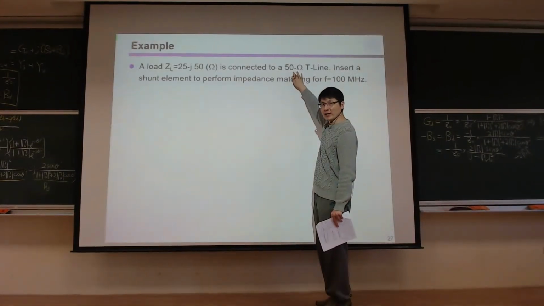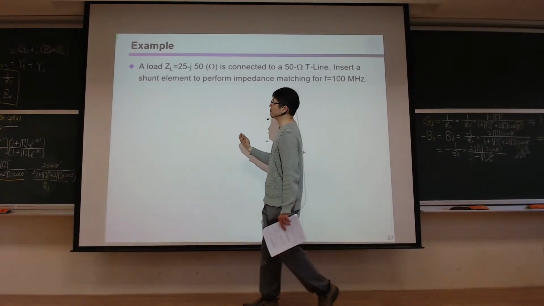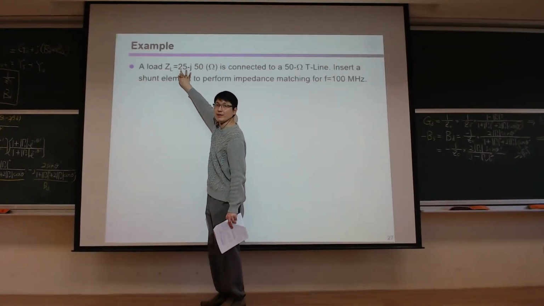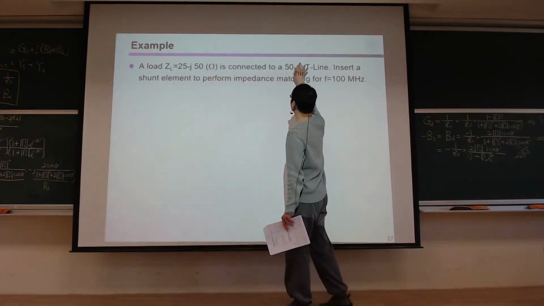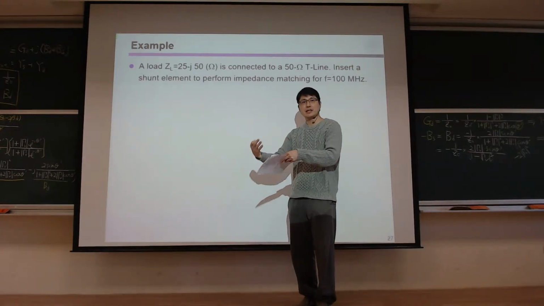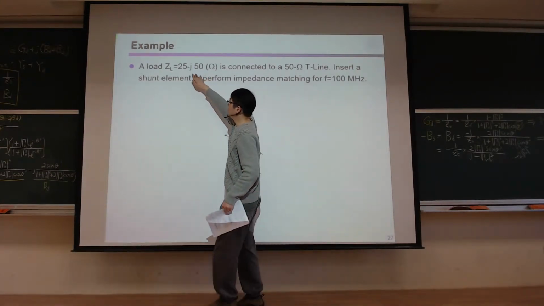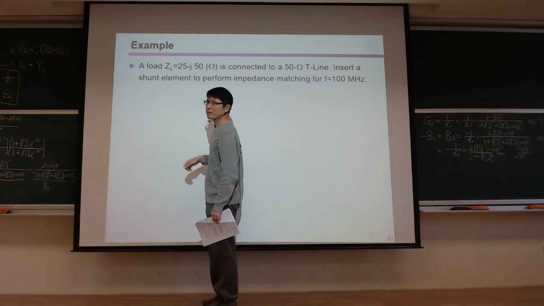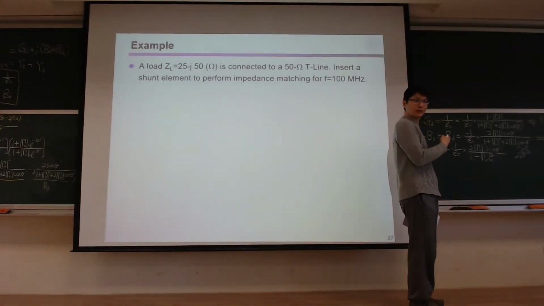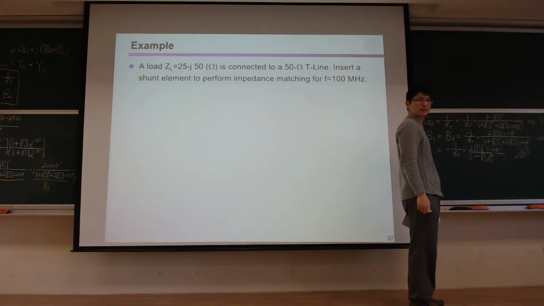You have a 50 ohm lossless transmission line, which you want to perform impedance matching to a load where the real part is 25, right? 25 is not equal to 50. You know you have to perform some kind of impedance matching. So the load has its real part, imaginary part. Fine, let's try to work. Take a picture. Okay. All right.